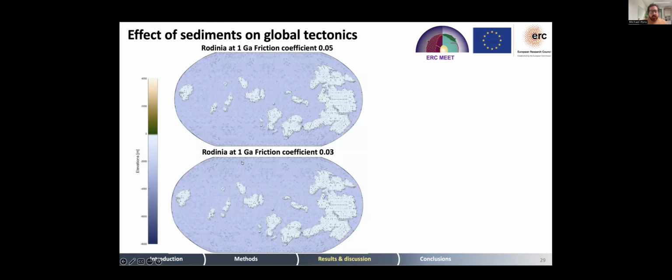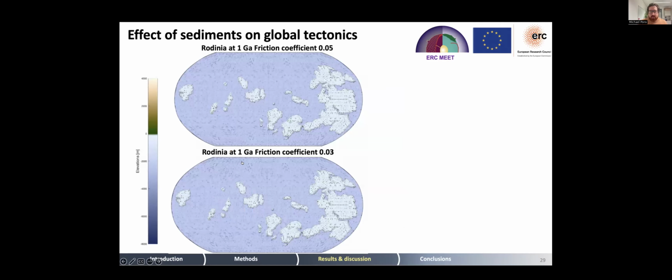So we set up two different global models to account for the distribution of the continents of Rodinia at 1 billion years, and we changed the friction coefficient of the mantle, as a proxy, which corresponds to the oceanic domain, from 0.05 in one model to 0.03 in another one.